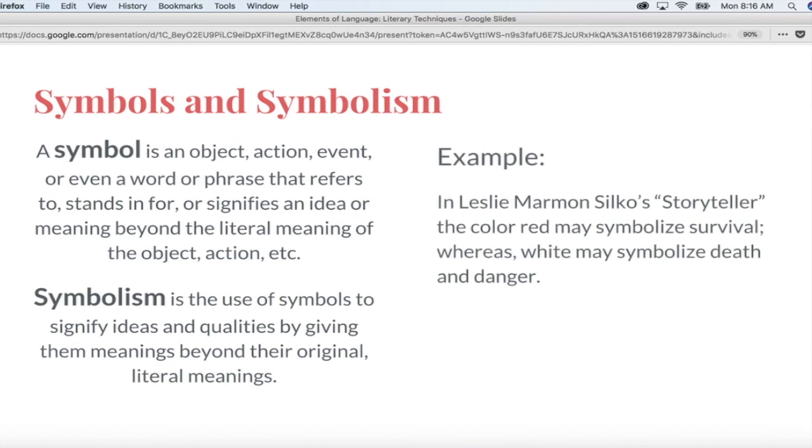For example, in the US, red often symbolizes danger or a warning, and white often symbolizes purity. But in Leslie Marmon Silko's Storyteller, she reverses those meanings to fit her specific context and her work's setting and meaning. So red is a color that is used to symbolize survival, whereas white symbolizes death and danger.